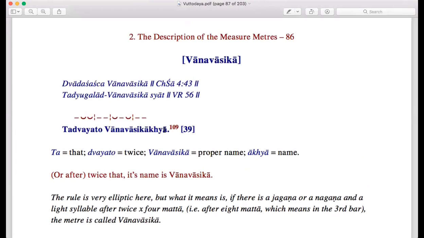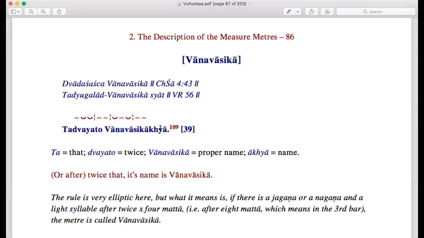Vanavasikakhya, according to the traditional translation, is Vanavasika iti akhya. Akhya means something which is named. So Vanavasika iti akhya means it is named as Vanavasika. We can also consider this as a samasa compound, because akhya is another word for auha or nama, name.